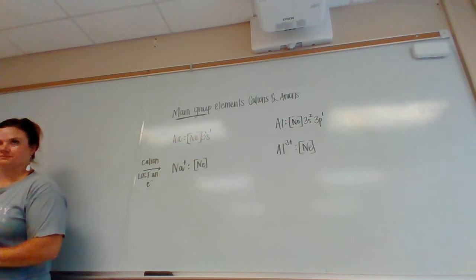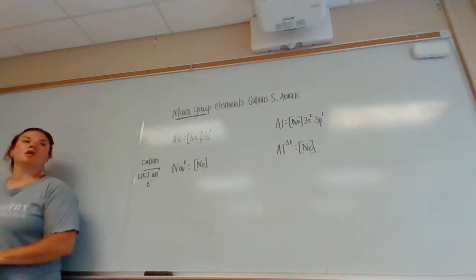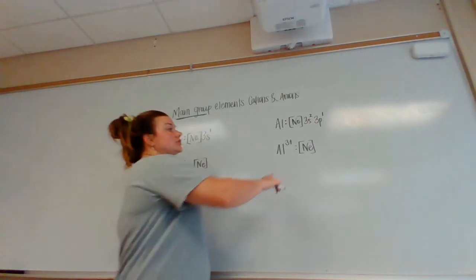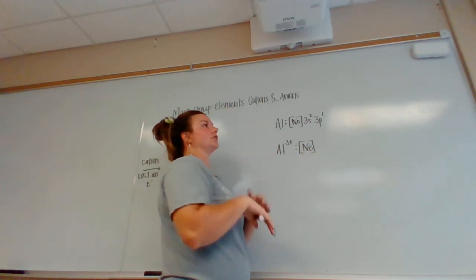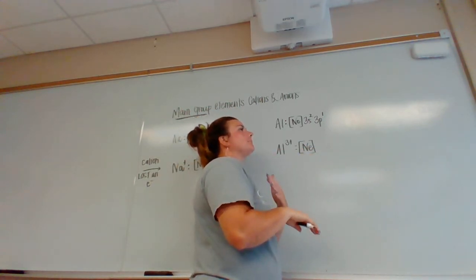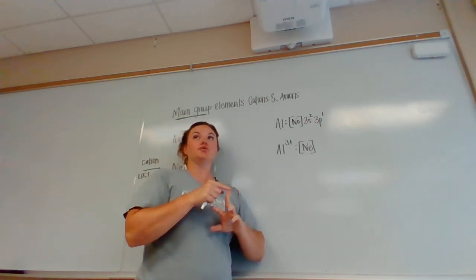The next part: with this plus charge, you can never take away protons, in case y'all missed that on your test. You can never change the number of protons. You can change the number of electrons and neutrons.